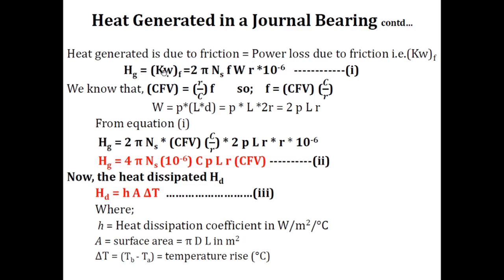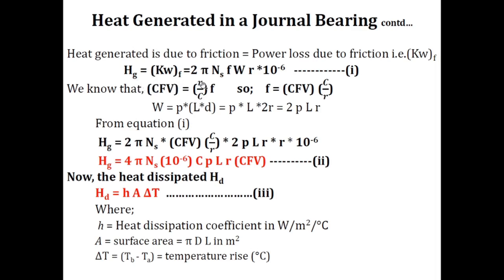And in today's lecture we have calculated the equation for the power loss due to friction. So kWf is equal to Hg: 2 pi ns, coefficient of friction, radial load, radius of the journal, into 10 to the power minus 6, is the heat generated.